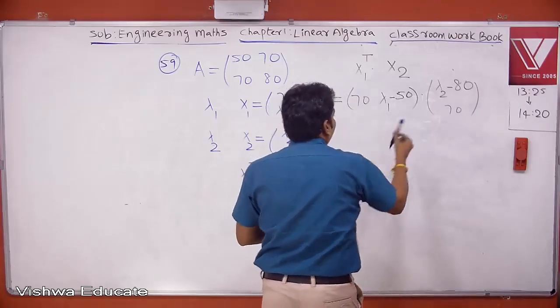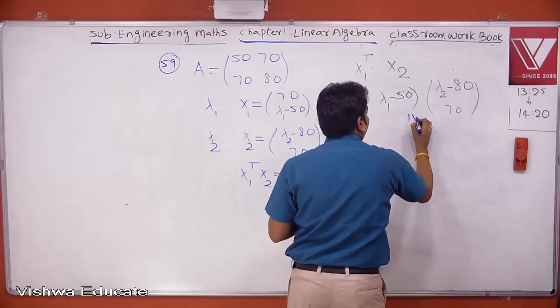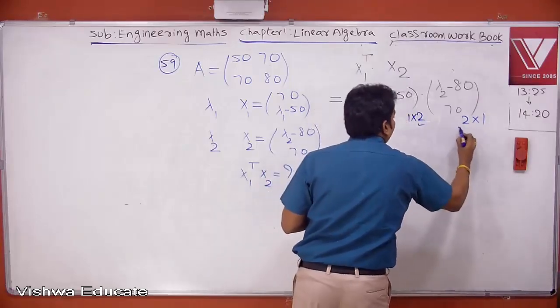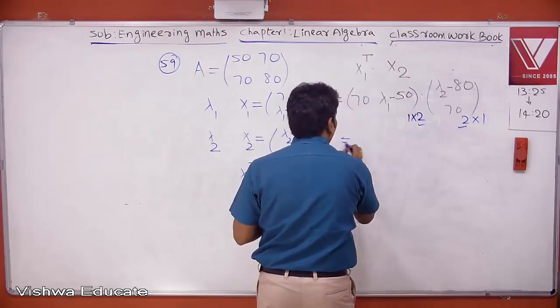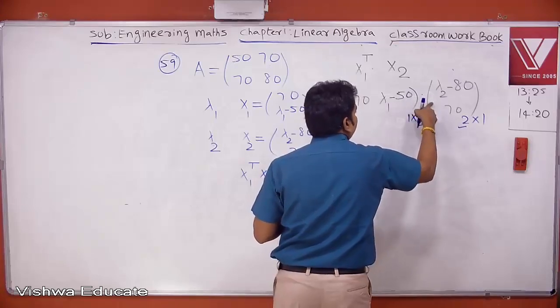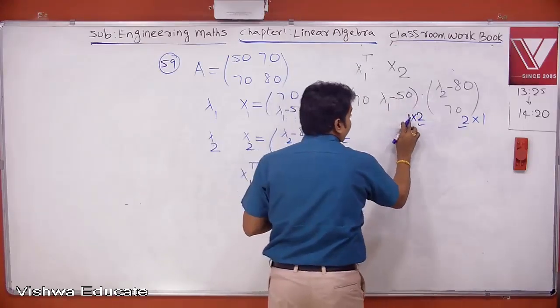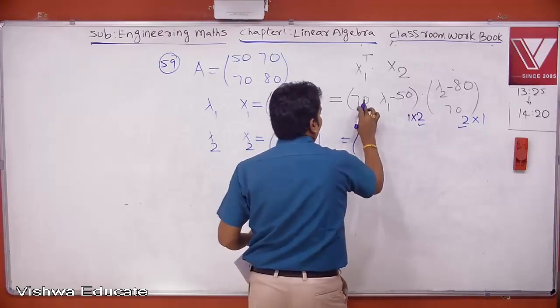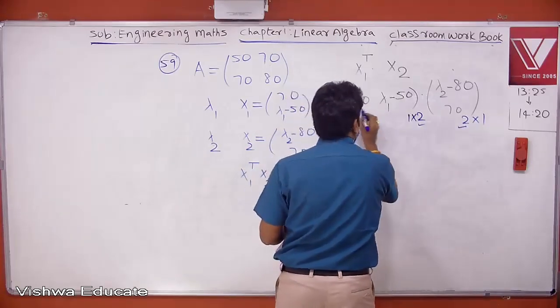In this case, the size of the first matrix is 1 by 2 and the second is 2 by 1, so this 2 and this 2 will be eliminated. The result is 1 by 1. When you multiply these two matrices, the resultant matrix will be of size 1 by 1, which means only a single element.